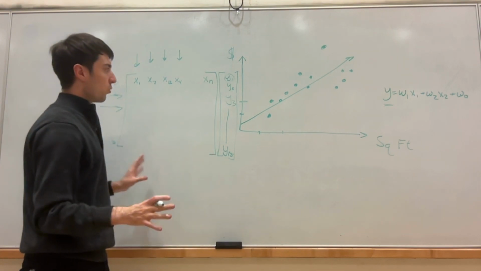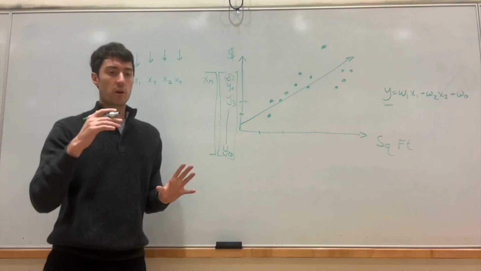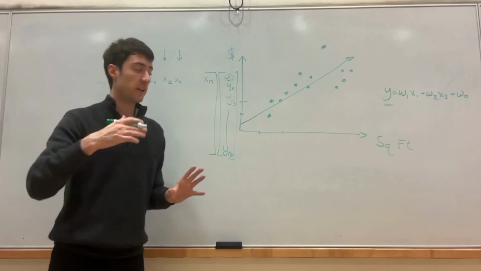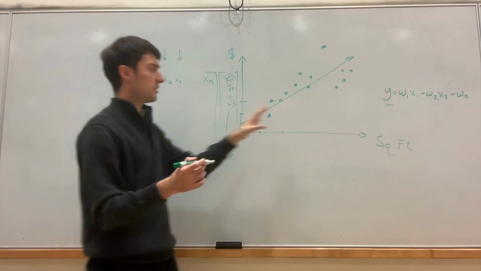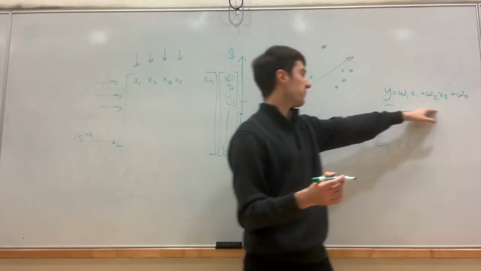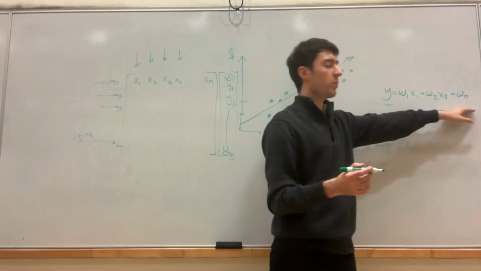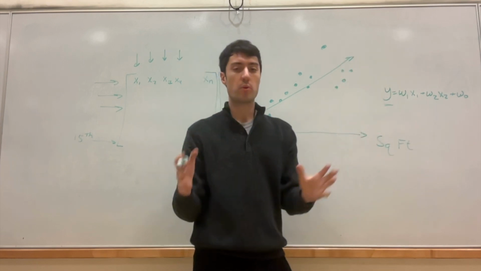Now, what do you need to do when you are creating your linear model? Well, you need to multiply. This right here is the equation, which is called linear. And what does that mean?